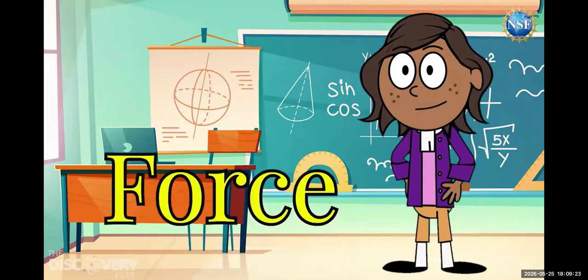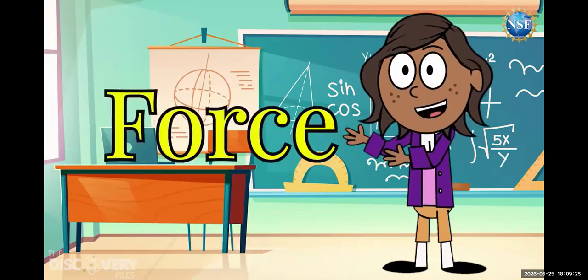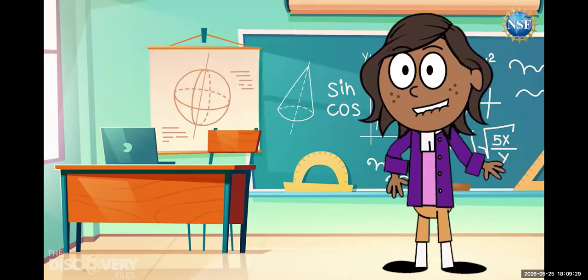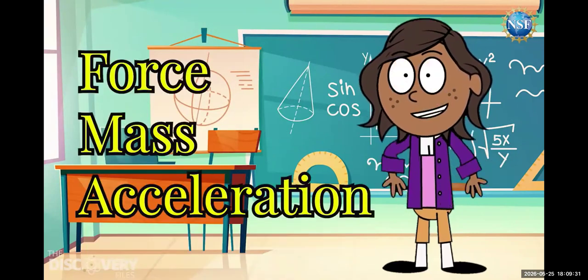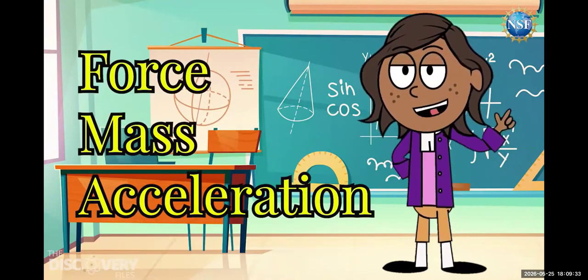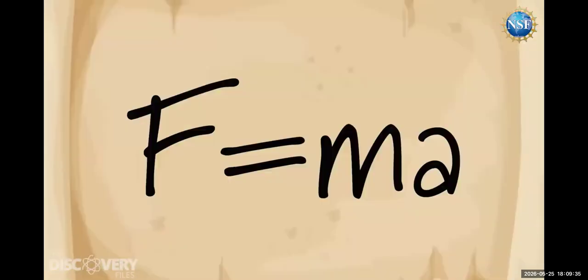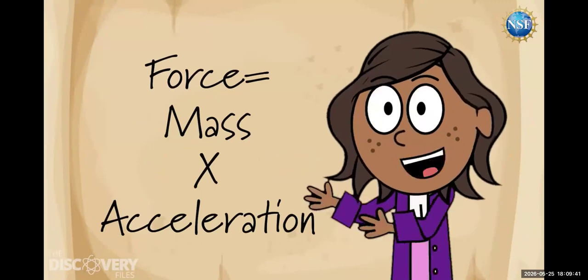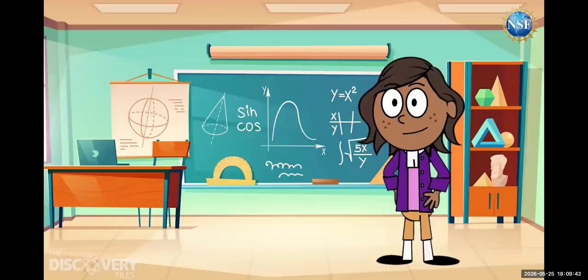First, how hard you push or pull, and second, how heavy the object is. This law tells us how force, mass, and acceleration are connected. The mathematical formula is written as F equals m times a. The force needed is equal to the mass of the object multiplied by the acceleration.